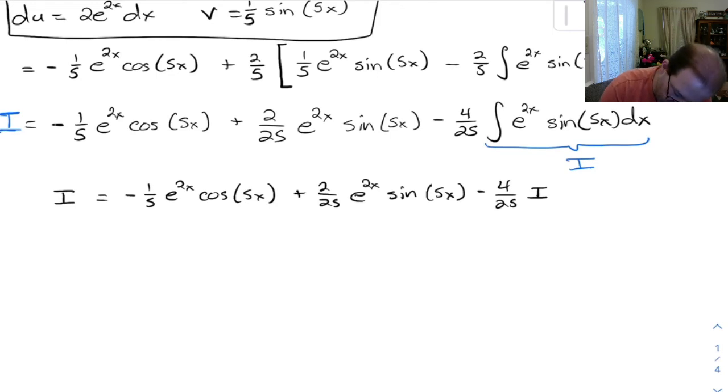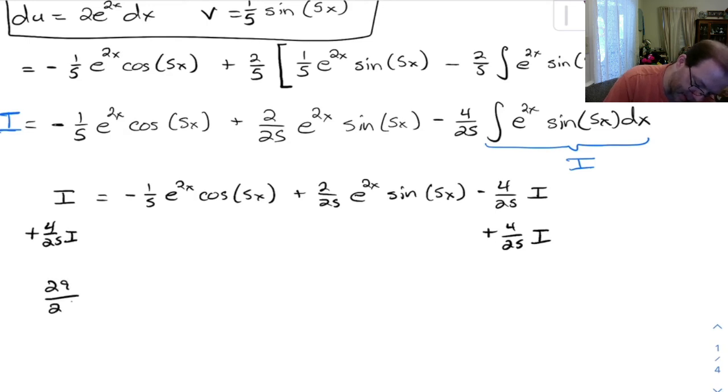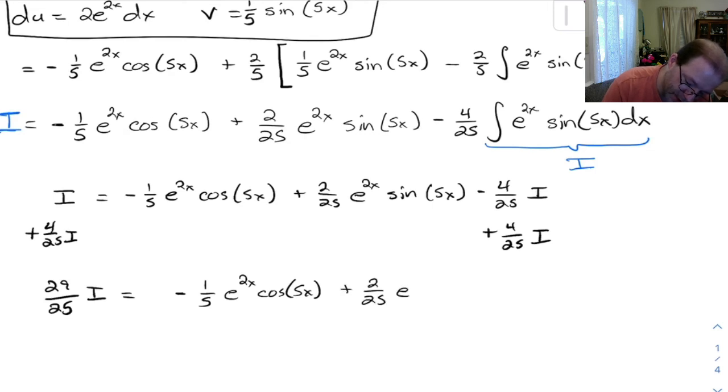So what I'm going to do is on both sides of this, I'm going to add 4/25 I. So what I've got over here is 29/25 I, just adding these up. I get that equals, I'm going to skip a little space here, negative 1/5 e to the 2x cosine 5x plus 2/25 e to the 2x sine 5x.